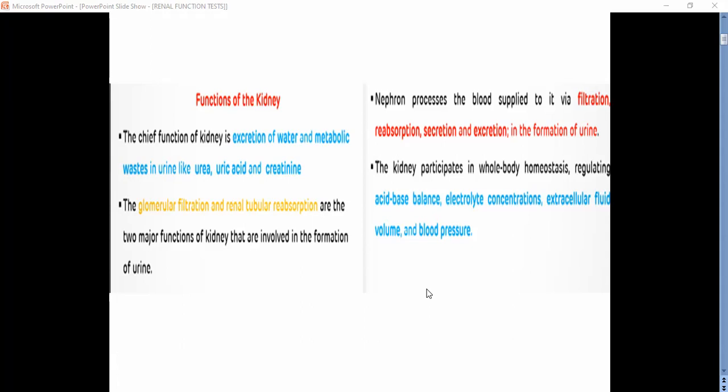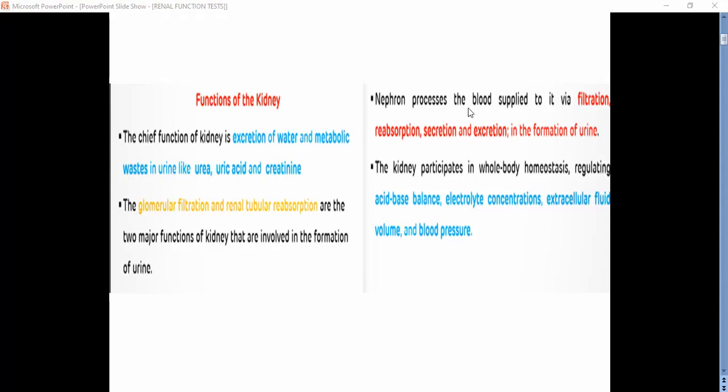The glomerulus is the part of the kidney where the actual filtration happens. After filtration, in the tubules, that is the proximal convoluted tubule or distal convoluted tubule, the filtered compounds which are useful to our body are reabsorbed, and the toxic and waste compounds which are not at all useful to our body are secreted. This is done in the tubular reabsorption process. These two important functions make our kidney versatile.